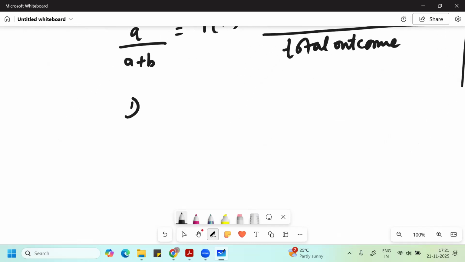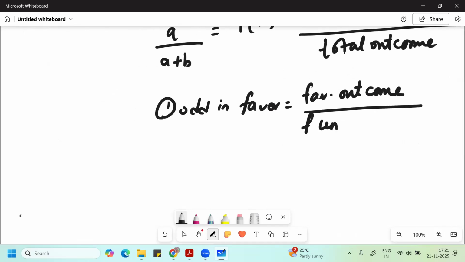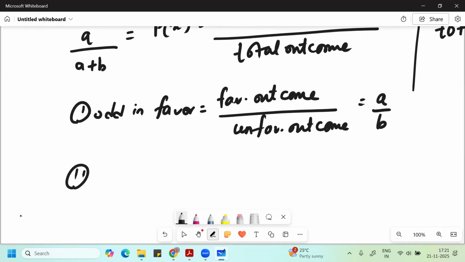Going further, you should know the term called odds in favor. Odds in favor basically means favorable outcome divided by the unfavorable outcome. So our odds in favor formula would be A by B. And then the next term is odds against.